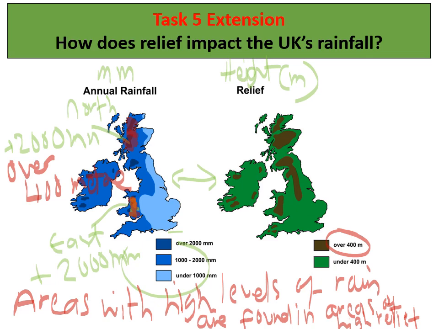So if the height of the land is higher, the rainfall is higher.